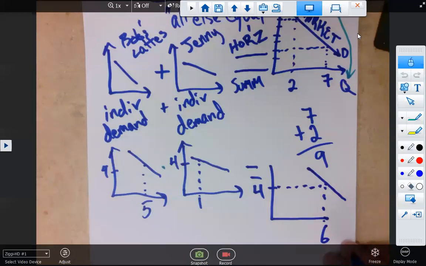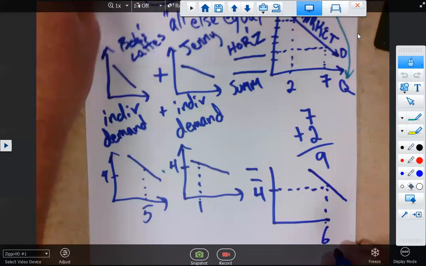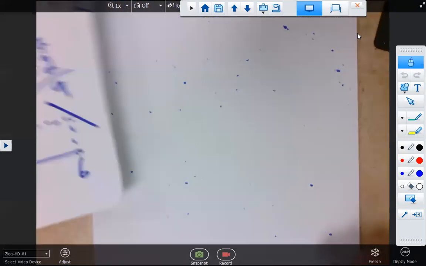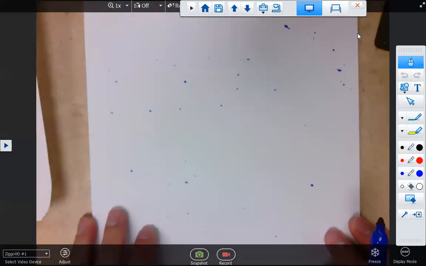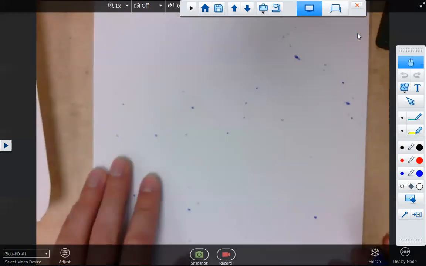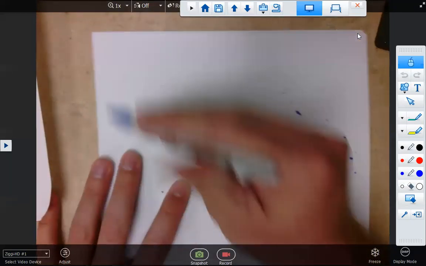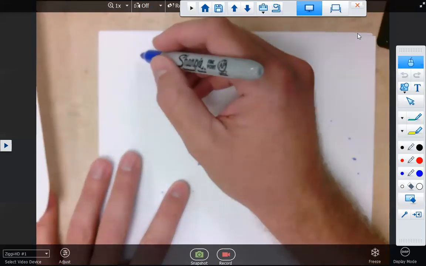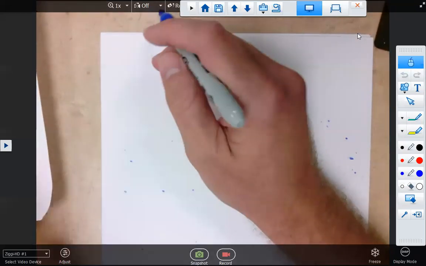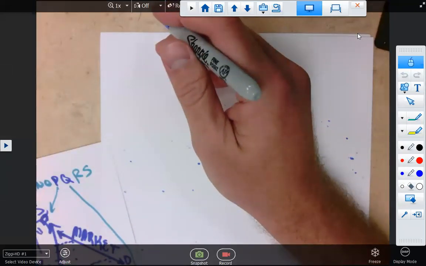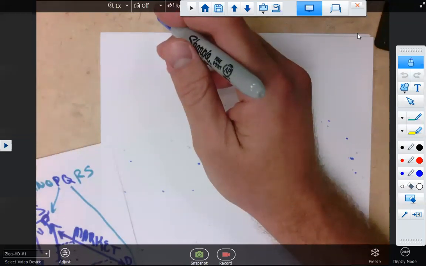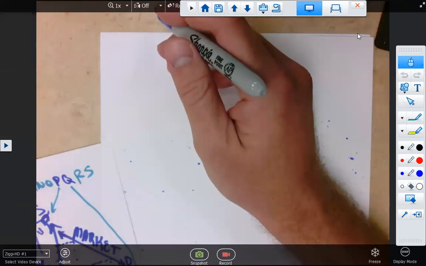Okay. So what are the things that change the demand curve? So there's a list of them, and we will have to know them for the test. Figure 3.3 in the text illustrates these.